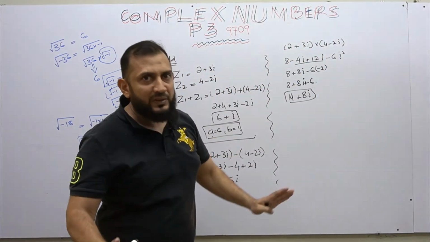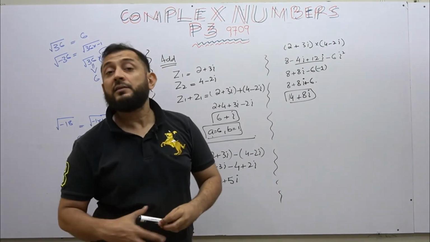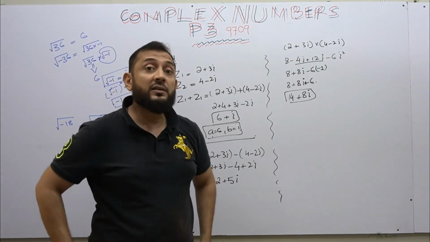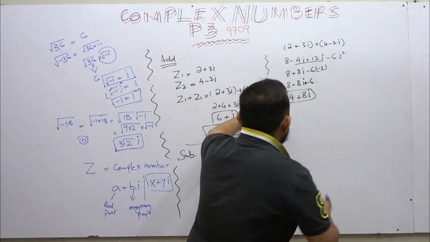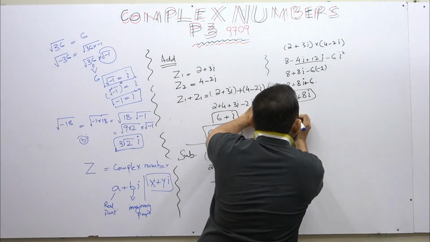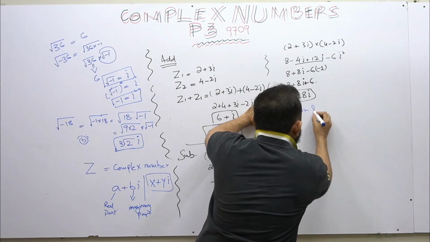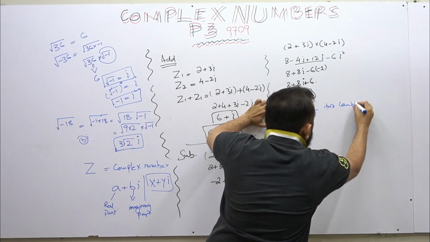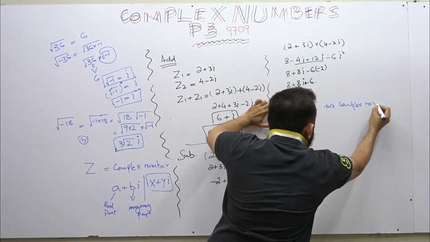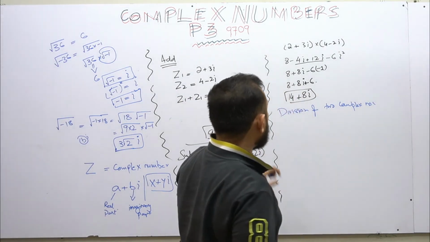Okay, so आपने देखा कि multiplication भी बहुत आसान है, simple algebra है। अब हम करते हैं इसकी division किस तरह से होनी है। So, division of two complex numbers. How to divide two complex numbers?